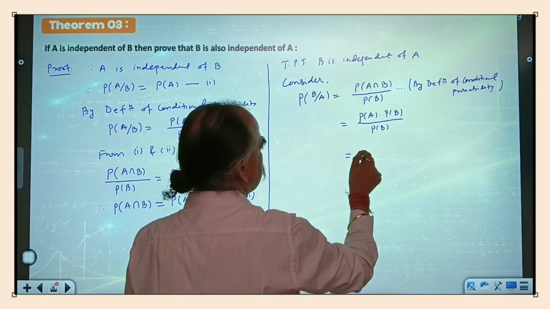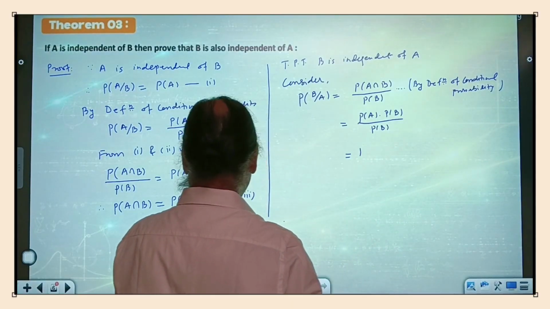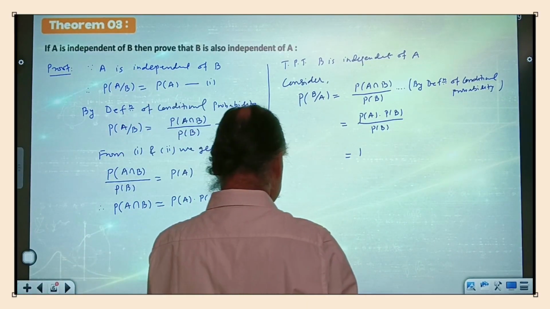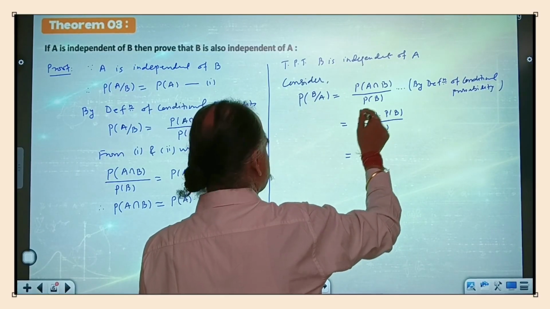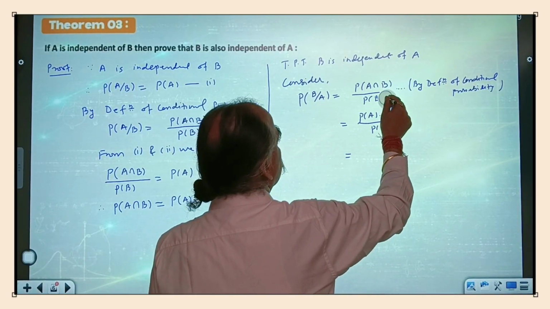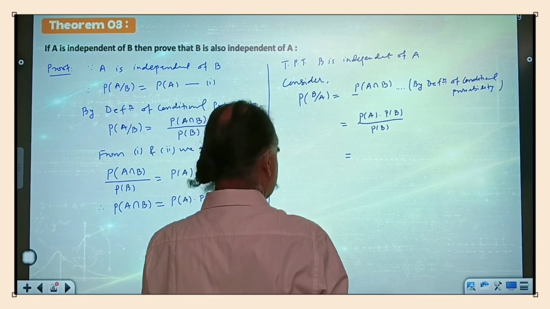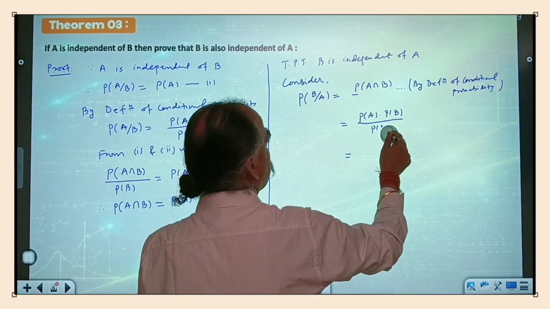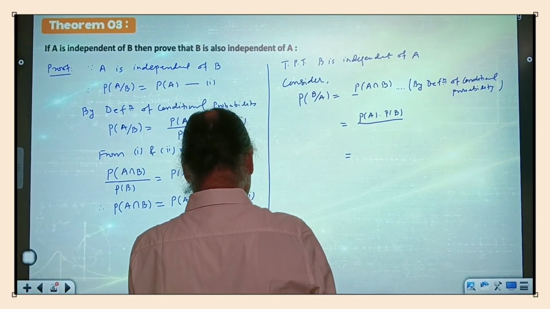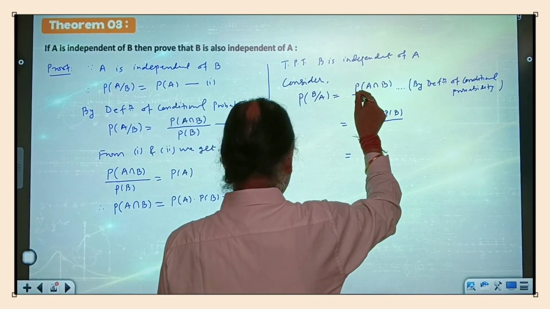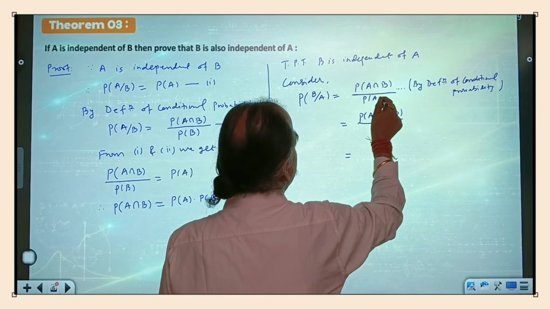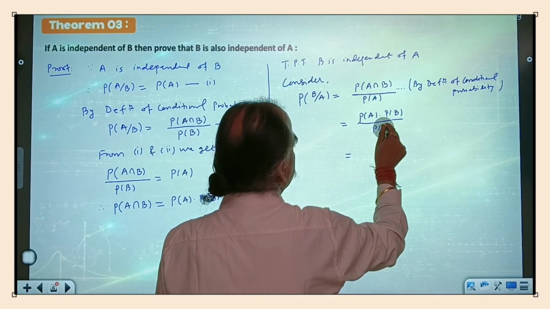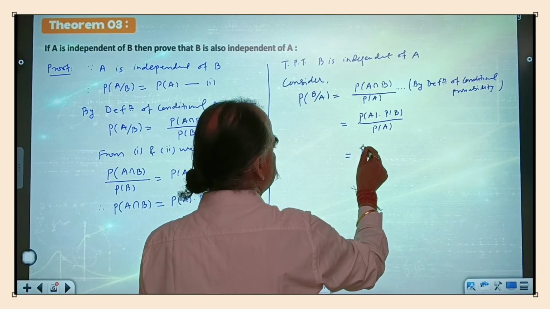P(B) will get cancelled. Sorry, this is, oh, I made a mistake. It is upon P(A). P(A) will get cancelled, we get P(B).